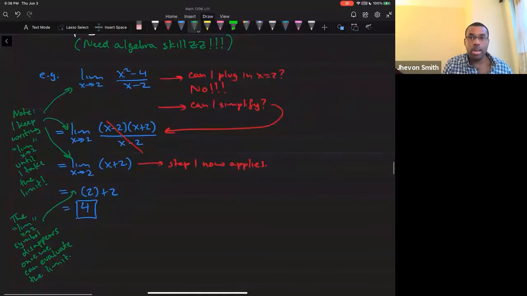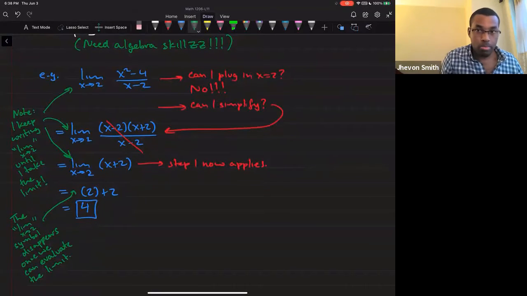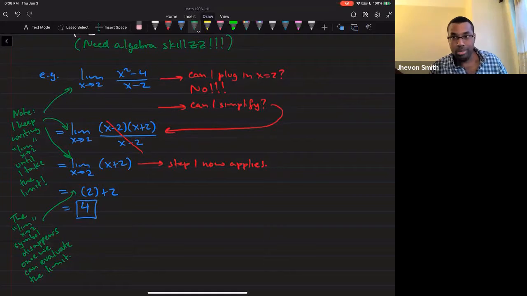Right, so you have to keep writing the limit sign. And that's important. That is something that I would deduct a point for if you don't do it. So just giving you a fair warning.